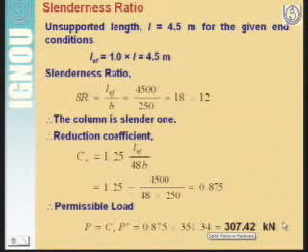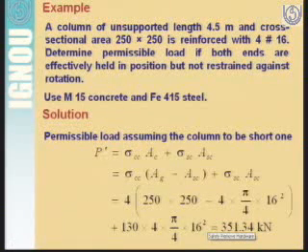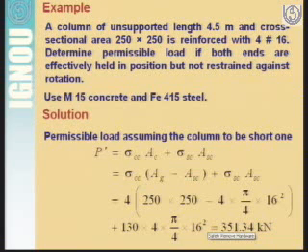Now let's check the type of column. So calculate the slenderness ratio of the column. The unsupported length in the problem is given as 4.5 meter. For the given boundary conditions, both ends are effectively held in position but not restrained against rotation.